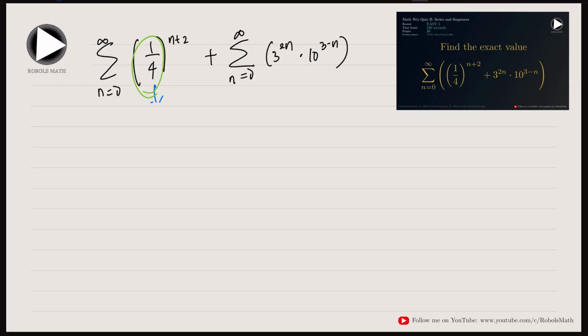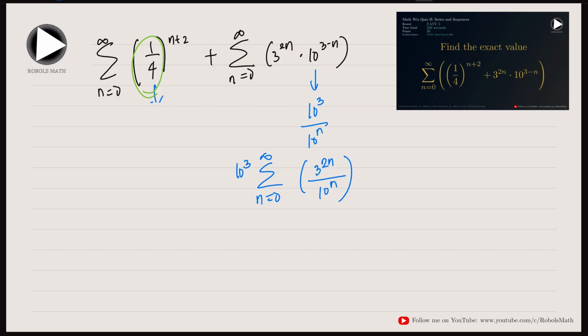So in this one, we can write 10 to the 3 minus n as 10 cubed over 10 to the n. And then we can factor out the 10 cubed so that we'll get 10 cubed times the sum of 3 to the 2n over 10 to the n.